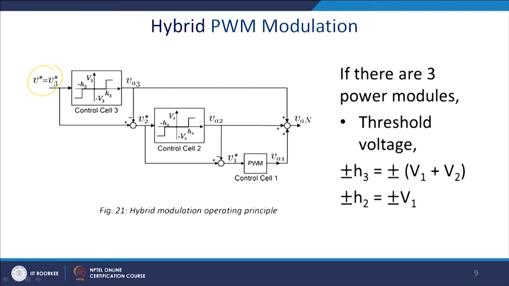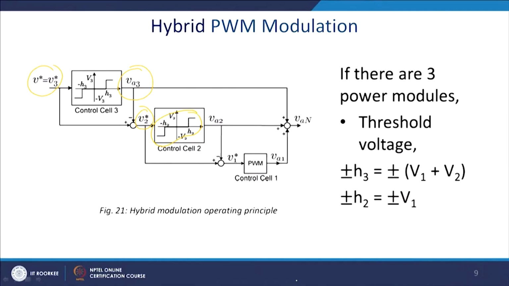So, you will then have a VA3, and VA3 will be subtracted from V3, and thus you get a VA2, and VA2 again will have a hysteresis loop in a control cell.